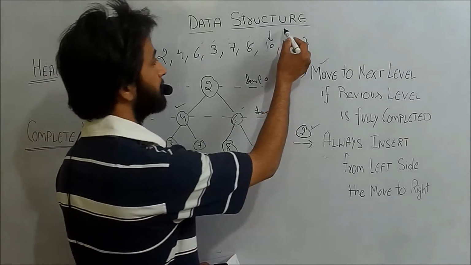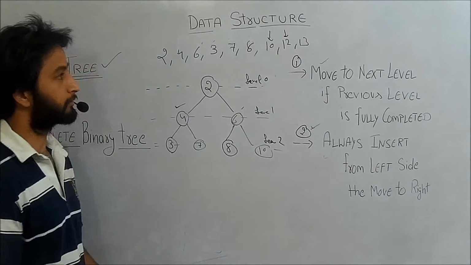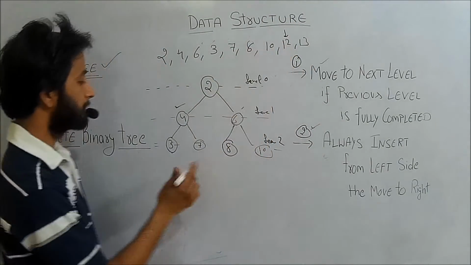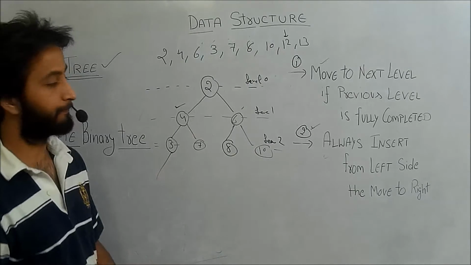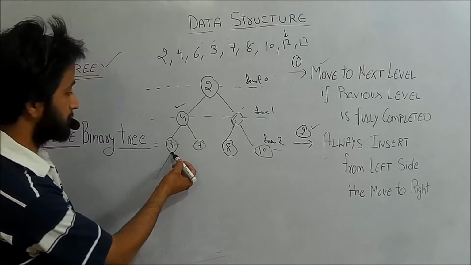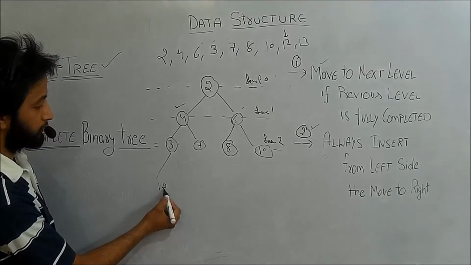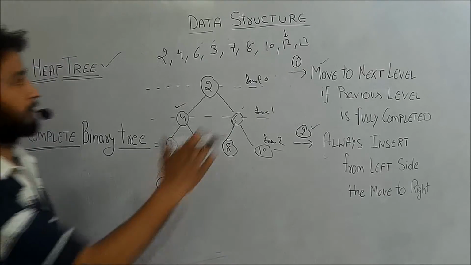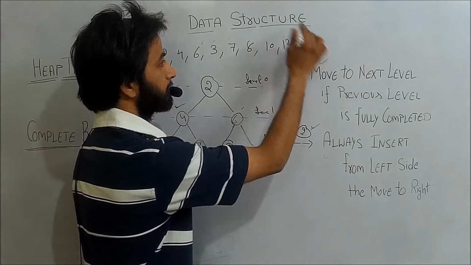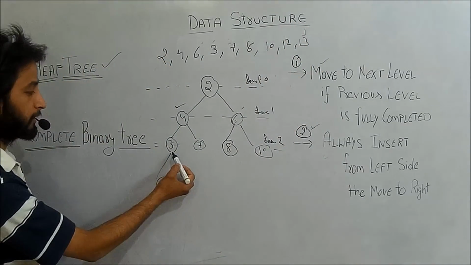Next element is 12, so this 12 will be inserted to the left of this. After 12 we have 13, so 13 we have to insert to the right of this.